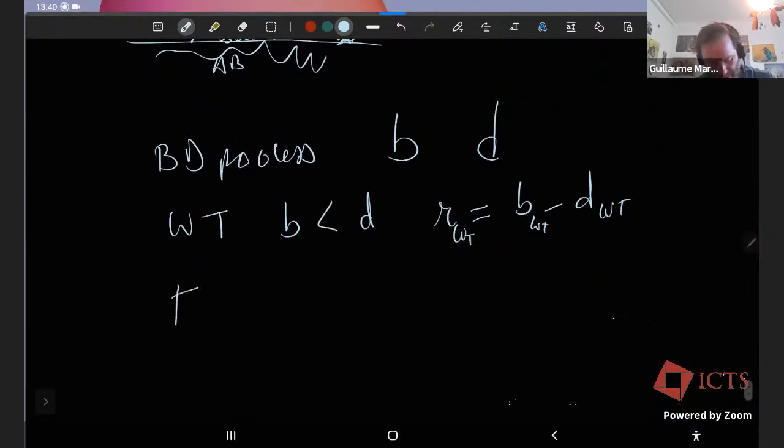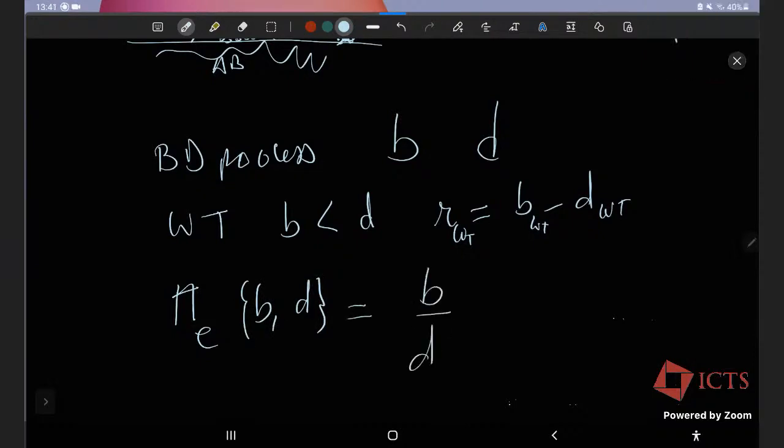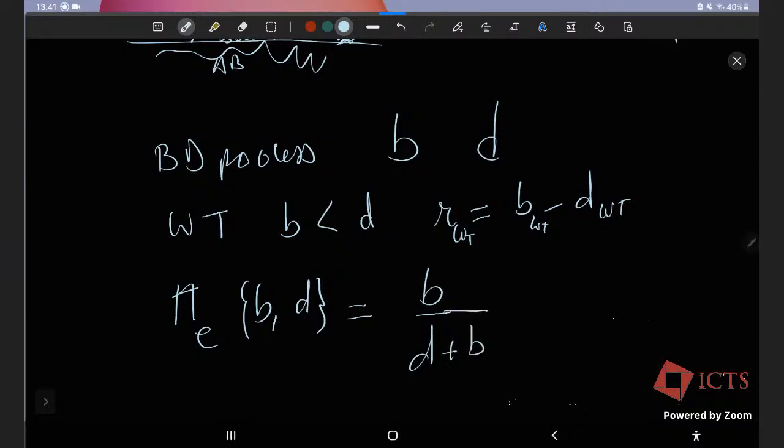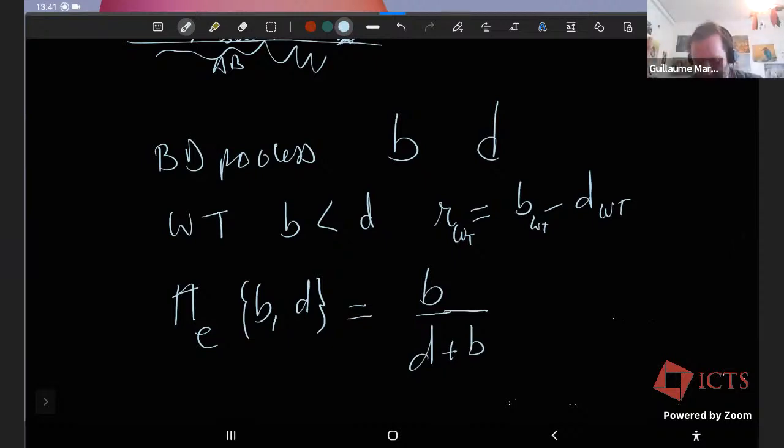The establishment probability for a cell that has birth rate B and death rate D in the simple birth-death process is B over D. Sorry, it's B over D plus B. That makes a difference. It's the probability that from one cell you produce a visible colony.